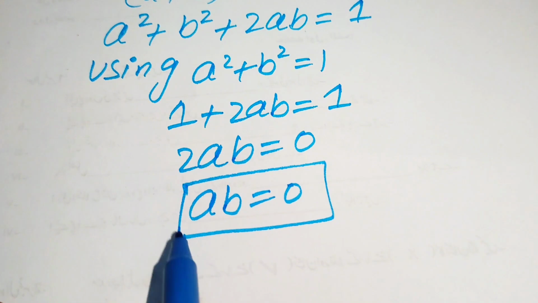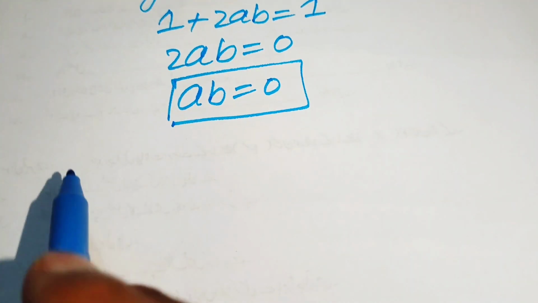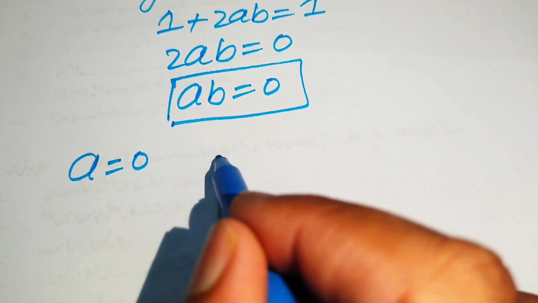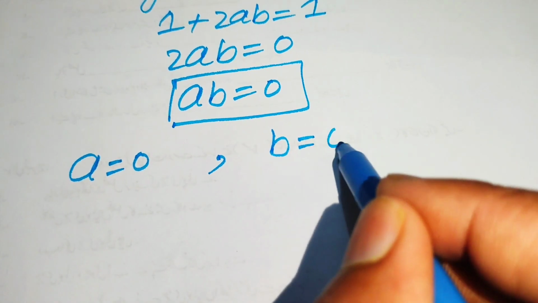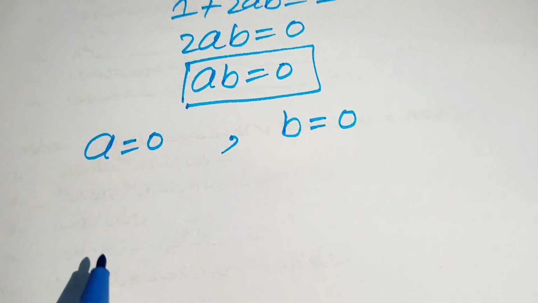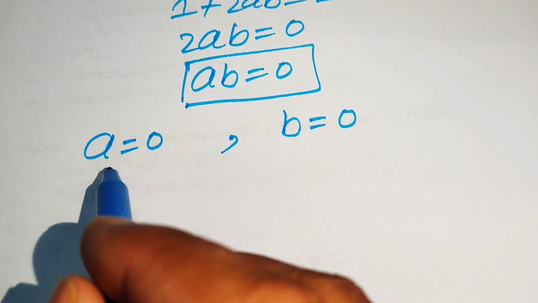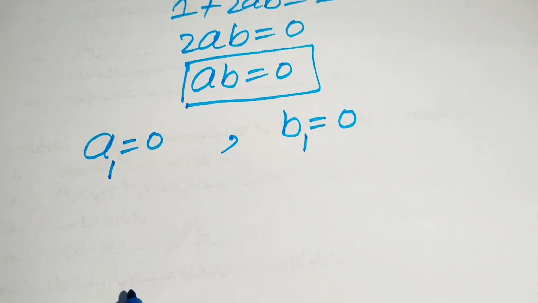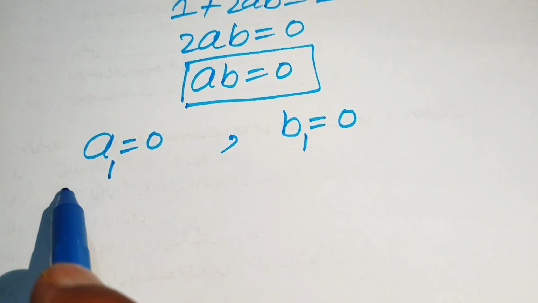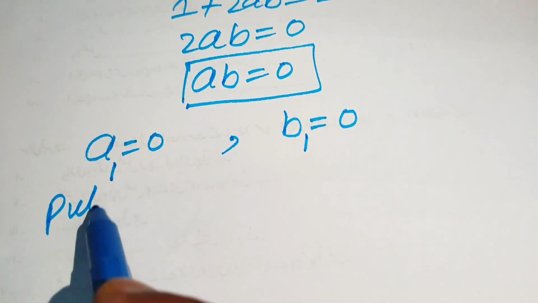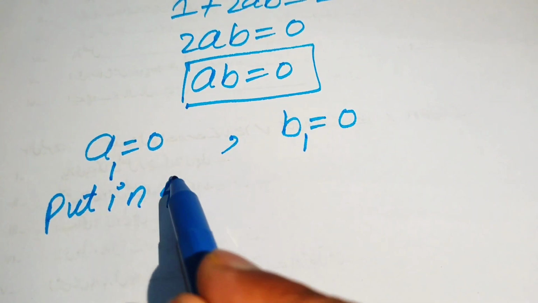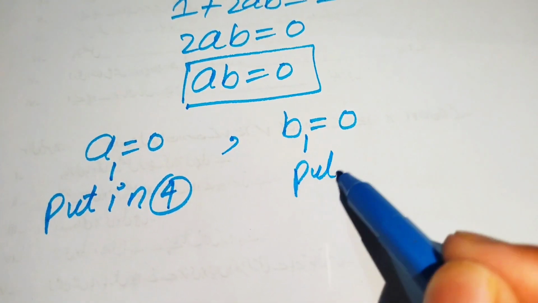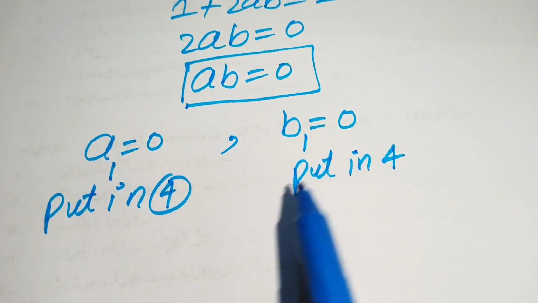to 0. So if our ab equals to 0, it implies that a equals to 0 or b equals to 0. So from this we easily get the other pair of solutions. So here we call this a1 equals to 0, this is b1, and now we substitute this value of a1 equals to 0 in equation number 4.